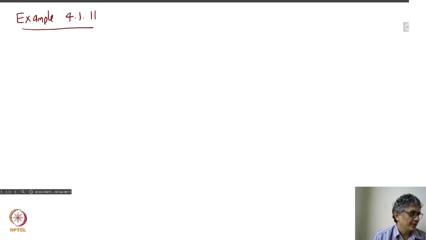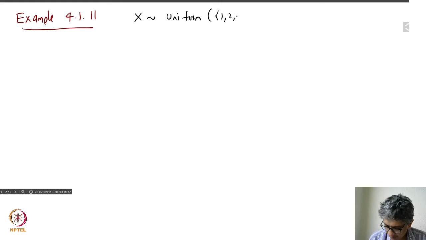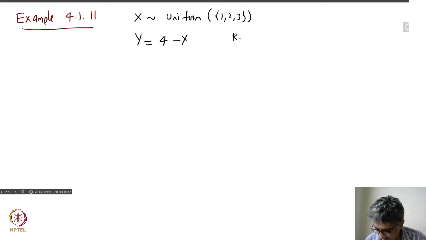The idea is the following: let's say X is uniform on 1, 2, 3, and let's say Y is 4 minus X. Now it's easy to verify that the range of Y is again 1, 2, and 3.